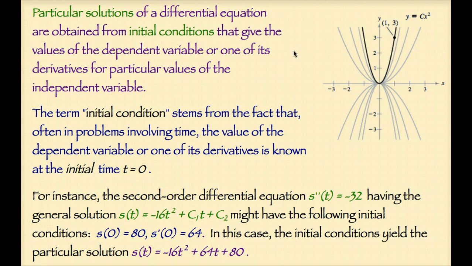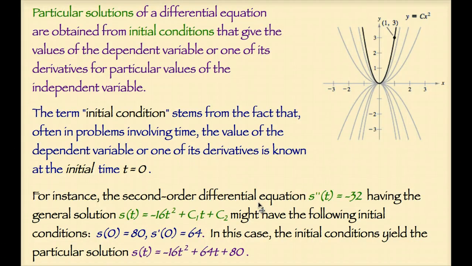Particular solutions of a differential equation are obtained from initial conditions that give the values of the dependent variable or one of its derivatives for particular values of the independent variable. The term initial conditions stems from the fact that often in problems involving time, the value of the dependent variable or one of its derivatives is known at the initial time t equals 0.